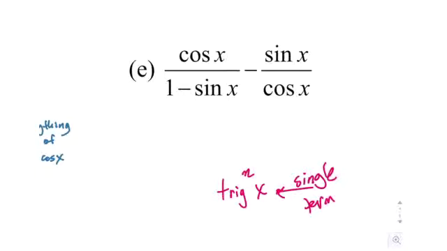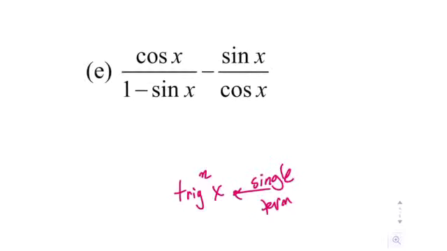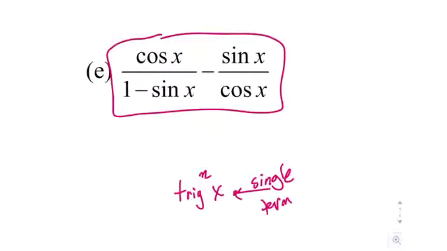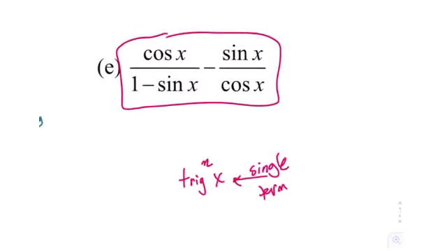So here's another strategy. If you have 2 terms, and at least one of them is a fraction, you can get one term by combining them. And to do that, you need a what? Common denominator, okay? So go ahead and see if you can work on that. Maybe get a common denominator if you want, and go from there, okay?